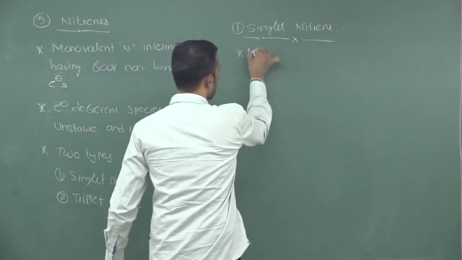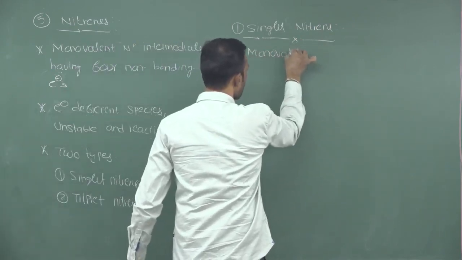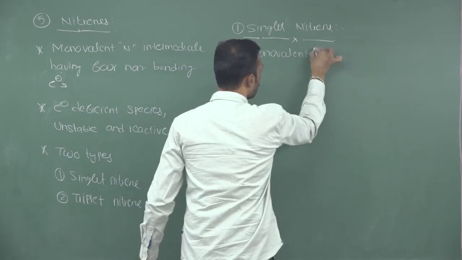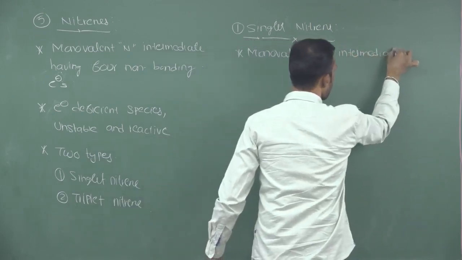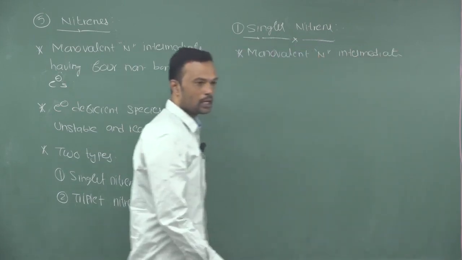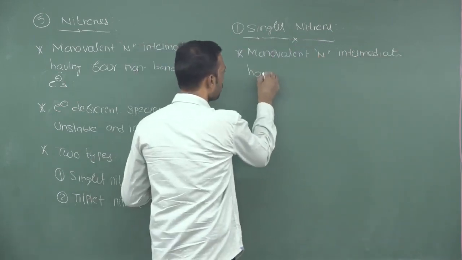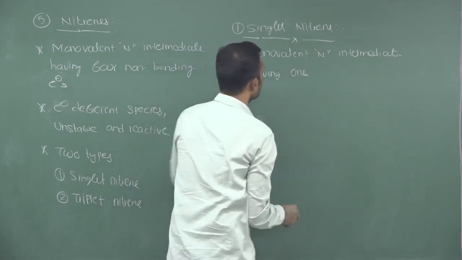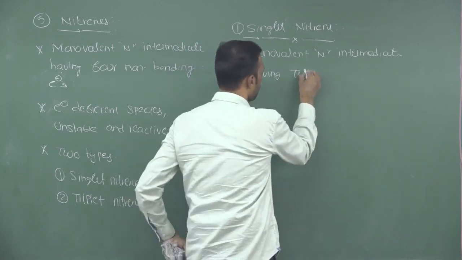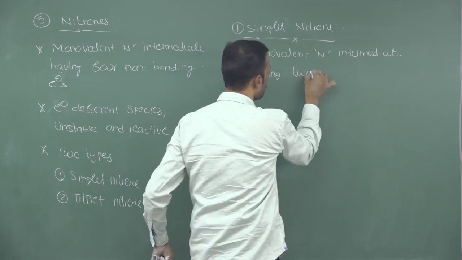Yes. It is also a monovalent nitrogen intermediate. Monovalent nitrogen intermediate having how many lone pairs are present on nitrogen? Having 2 lone pairs.